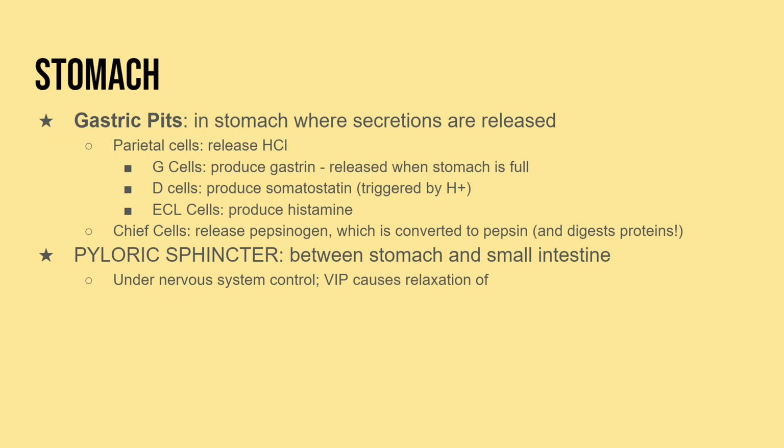You also have chief cells in the gastric pits that release pepsinogen, which is eventually converted to pepsin and helps digest proteins. And then at the bottom of the stomach, leading into the small intestine, you have the pyloric sphincter, and this one is under nervous system control.